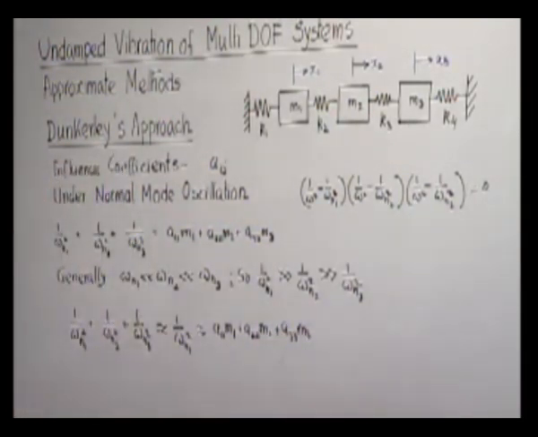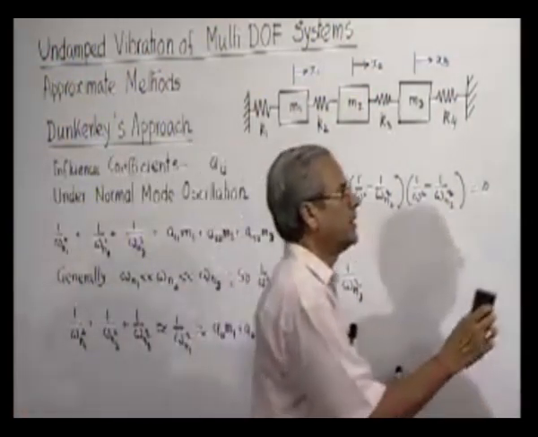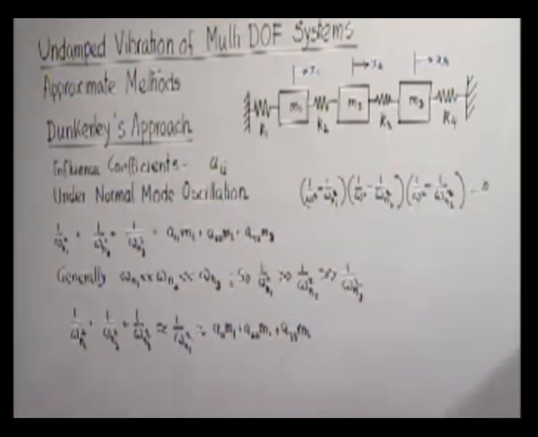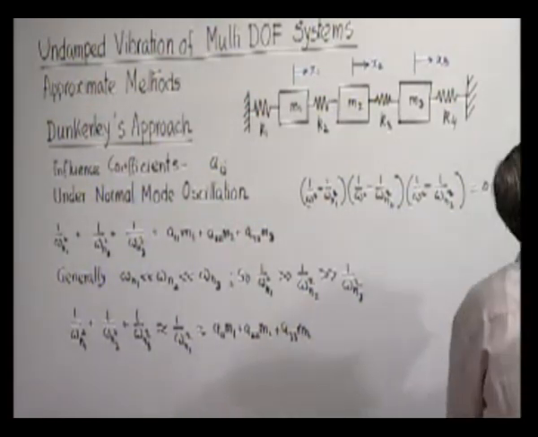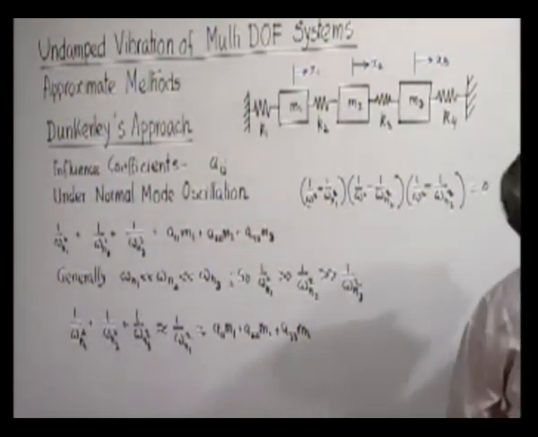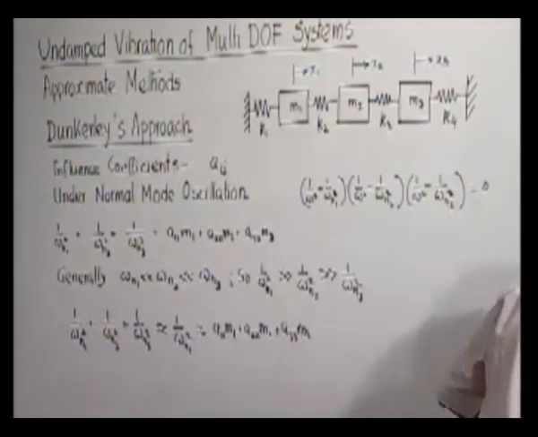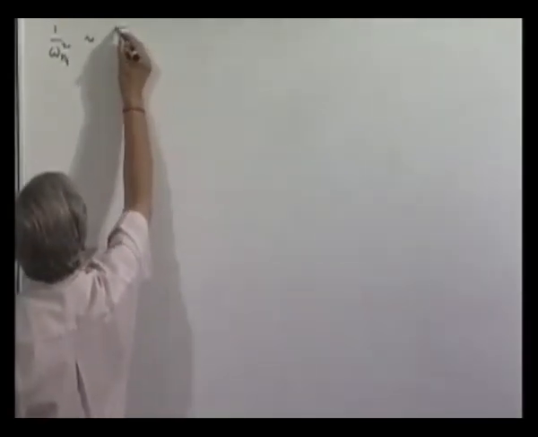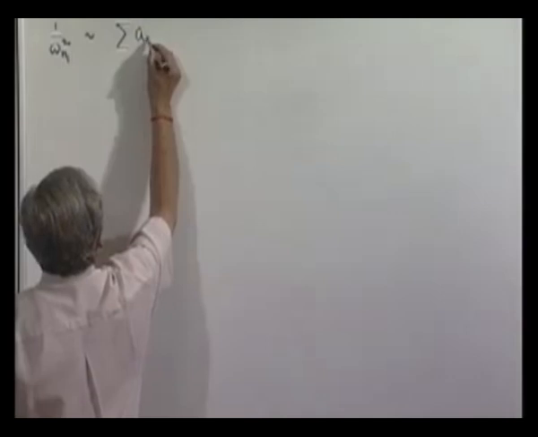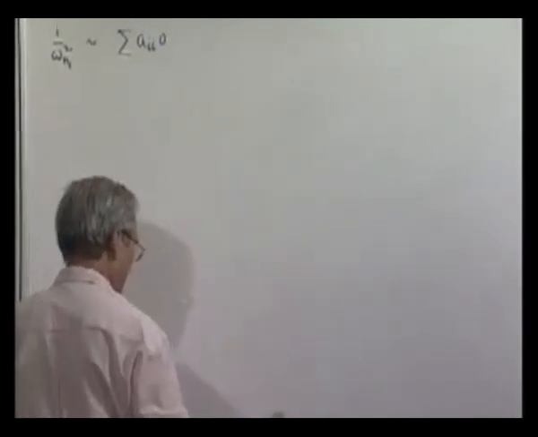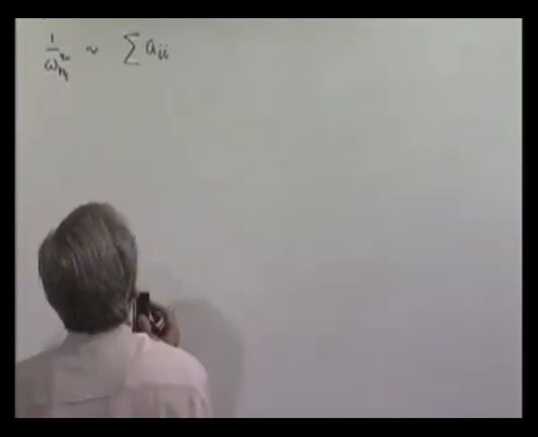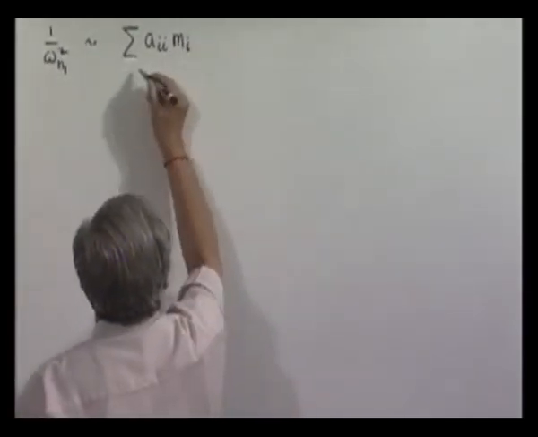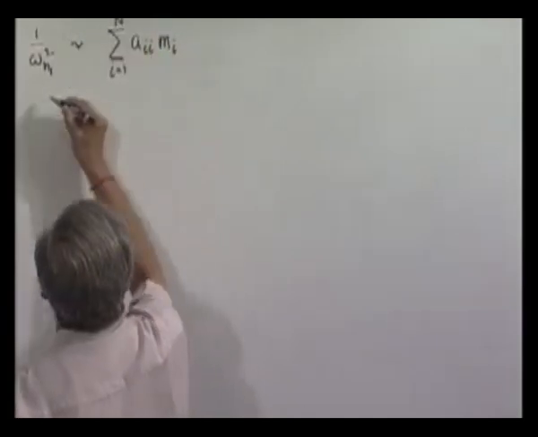So for a general case, Dunkerley's equation says that the fundamental natural frequency, that means 1 by omega n1 square is approximately equal to the sum of a_ii m_i, equal to 1.